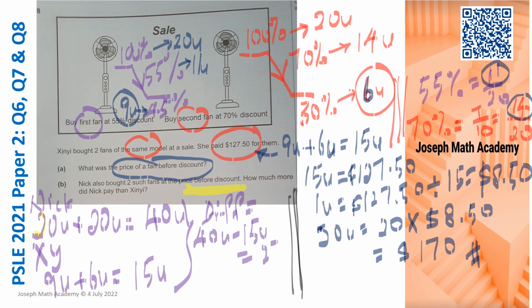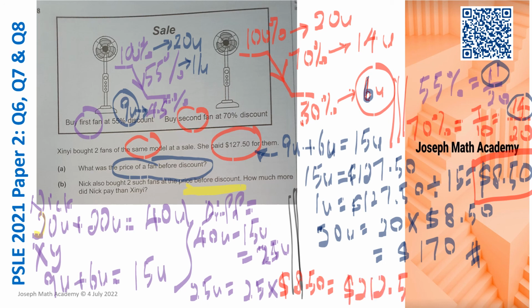That gives us our 25 units. So what is this 25 units? How much money is that? What's the sum of money? So same thing, 25 units will be 25 times this value, which we have found a long time ago. So times 8.50, and that gives us $212.50. So we found the answer for part B.